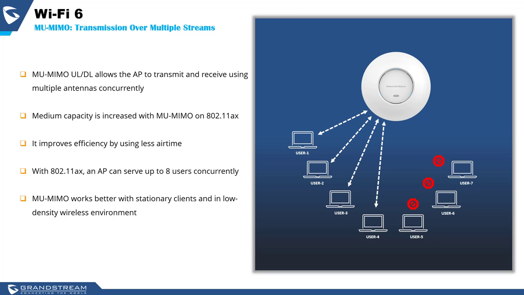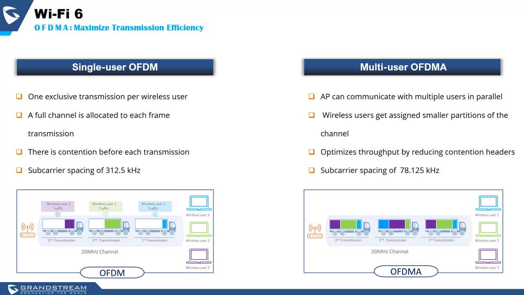In addition to the multi-user MIMO enhancement, Wi-Fi 6 added the OFDMA technology to maximize transmission efficiency. The way that works, it takes a channel and divides it into up to 9 subchannels so that wireless clients can transmit simultaneously using multiple subchannels.